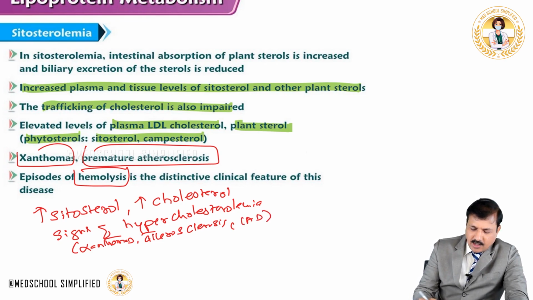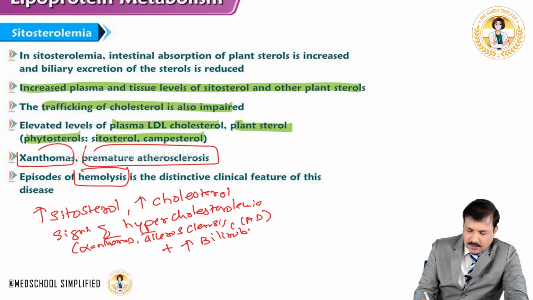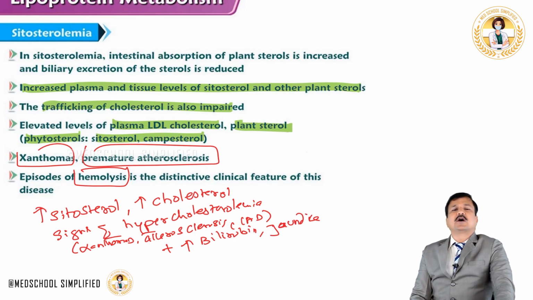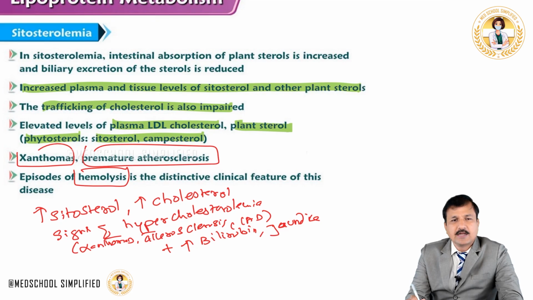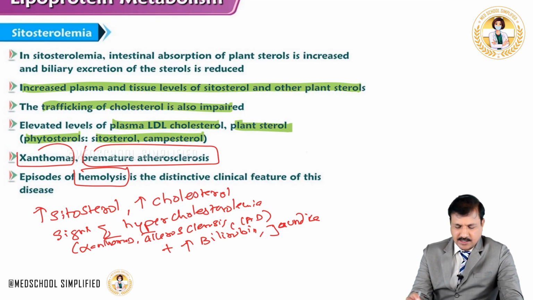Most importantly, increased bilirubin and presence of jaundice. If all these are there, it is a diagnosis of sitosterolemia, and the answer is a defect in the ABCG5 and ABCG8 transporter.